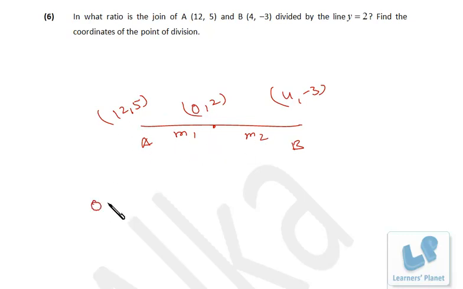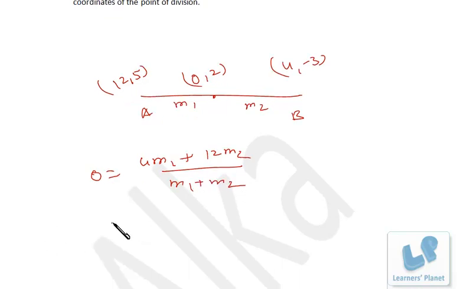So 0 is equal to (m1 into x2, so m1 into 4, plus m2 x1, so that is 12 m2) upon m1 plus m2, right? So 4 m1 plus 12 m2 is equal to 0.